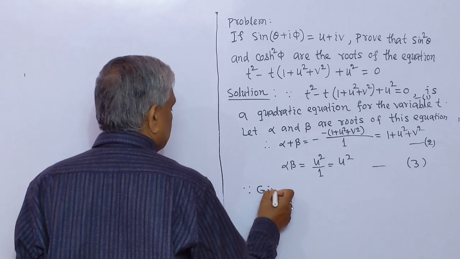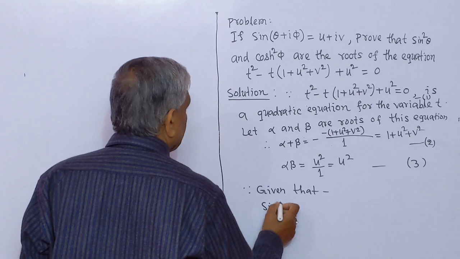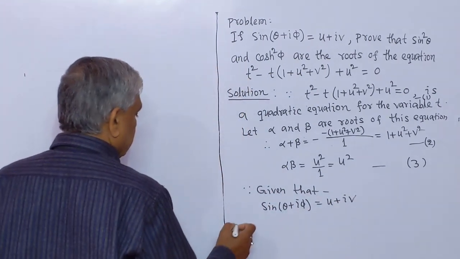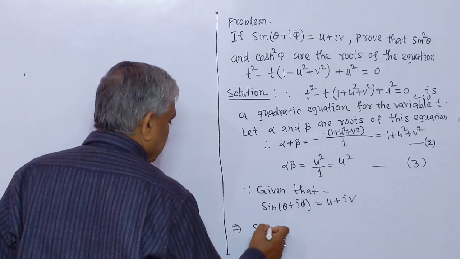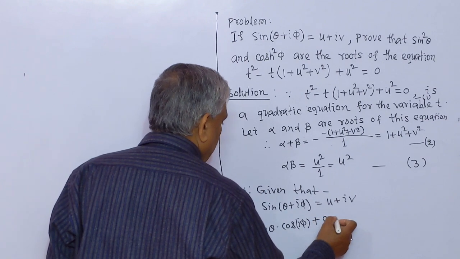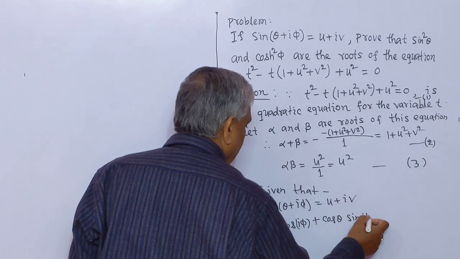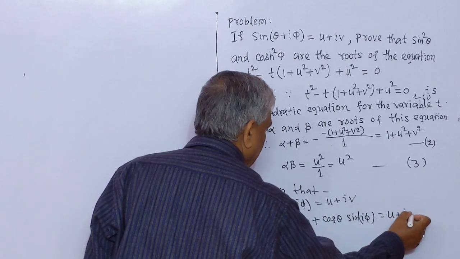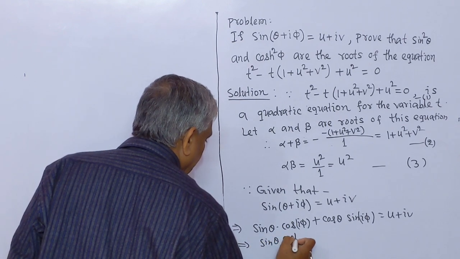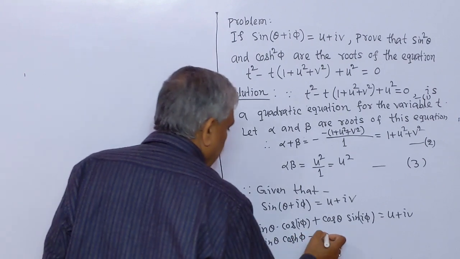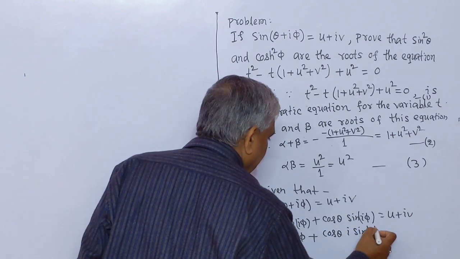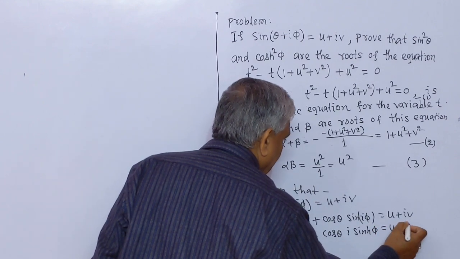Since given that sin(theta + i phi) = u + iv, this implies by the formula sin theta cos(i phi) + cos theta sin(i phi) = u + iv, which implies sin theta cosh phi plus i cos theta sinh phi equals u + iv, right side.